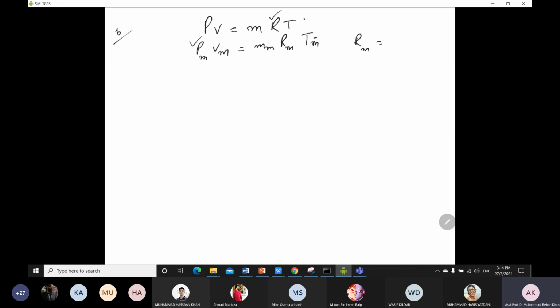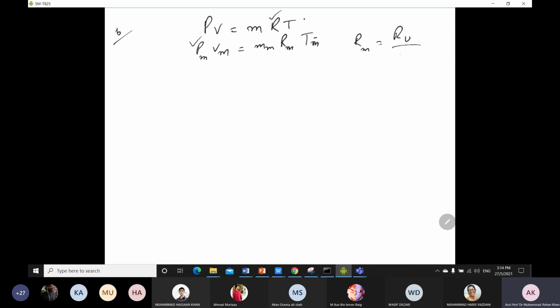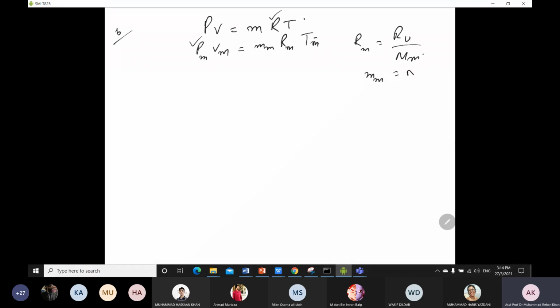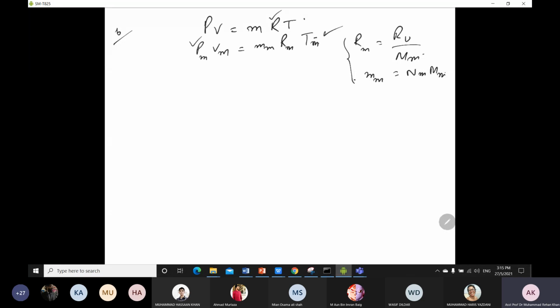Okay, so this term we have to find. Rm is equal to universal gas constant over molar mass of the mixture, and mass of the mixture is equal to number of moles of mixture times molar mass of the mixture. We have to plug these two terms into the ideal gas relation.